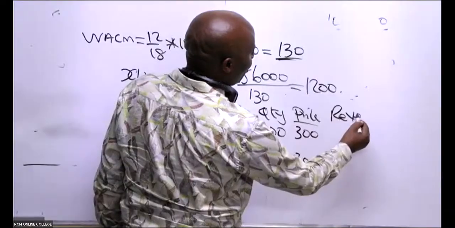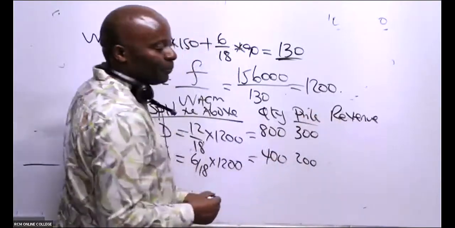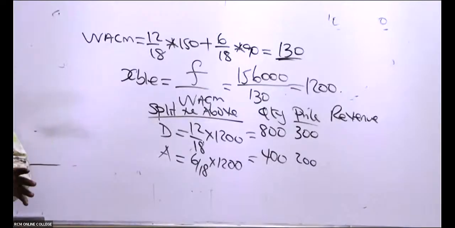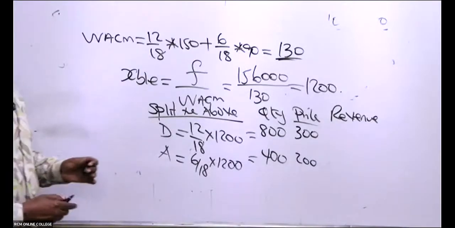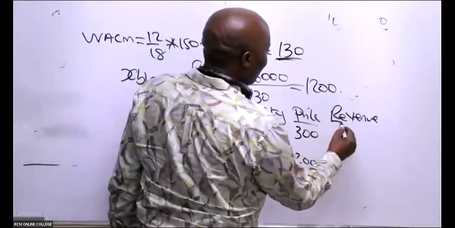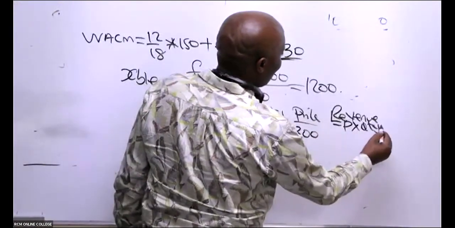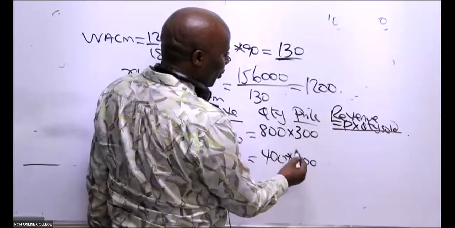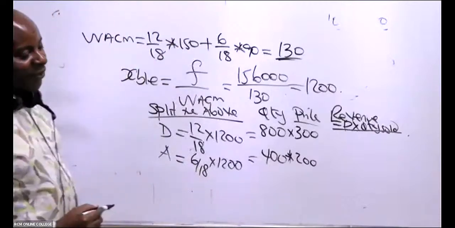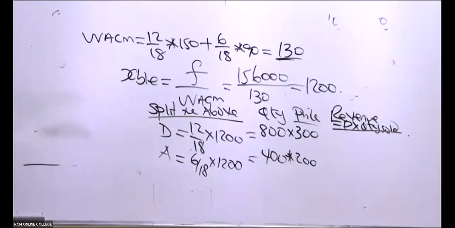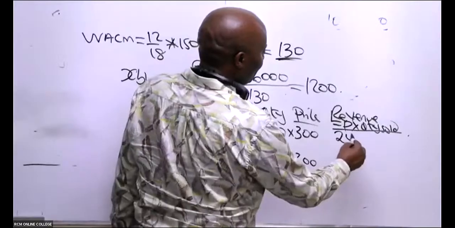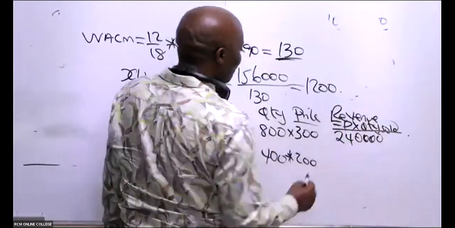So is there somebody who is able to remember the formula for getting revenue? How do we get revenue? Selling price times quantity. So revenue equals price times quantity sold. In short, you simply multiply these two. 800 times 300 gives me 240,000.